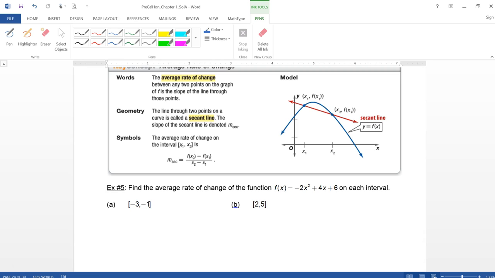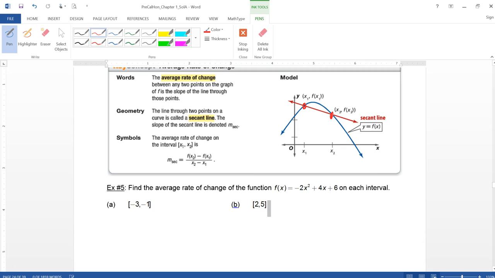So when you have a curve like this, the average rate of change between 2 points here and here, what's another word for rate of change? Slope.